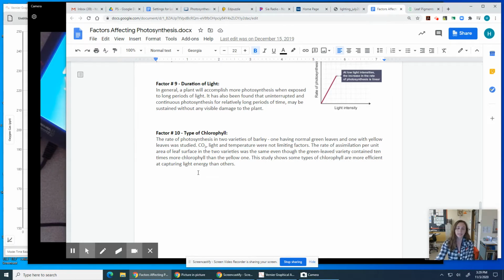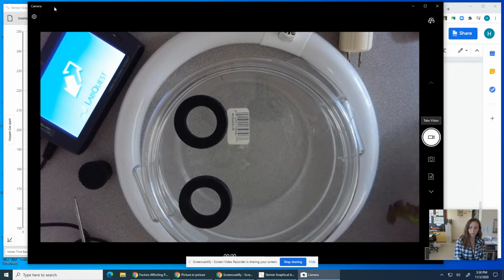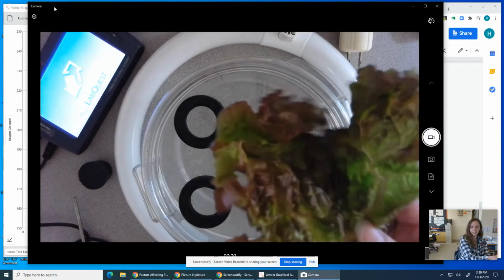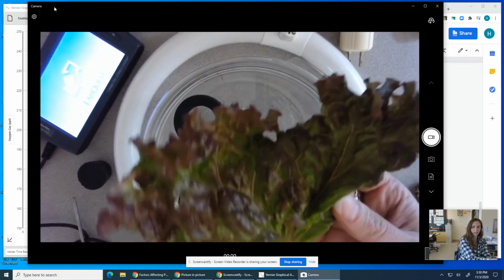We're looking at a different producer, and it is a different producer that has a slightly different complement of chlorophyll molecules. So let me show you what we're going to be testing. We ran our control lab with spinach, and today we're going to be doing this experimental lab with this plant right here.